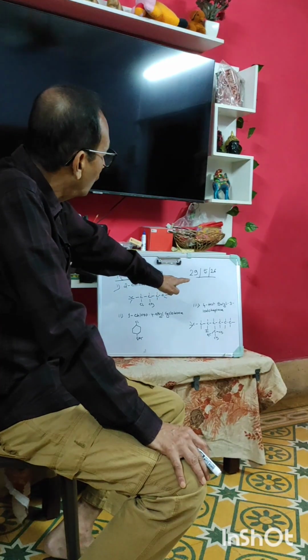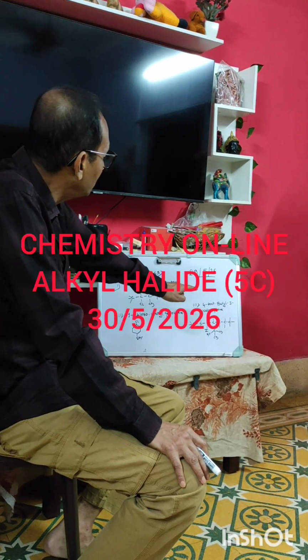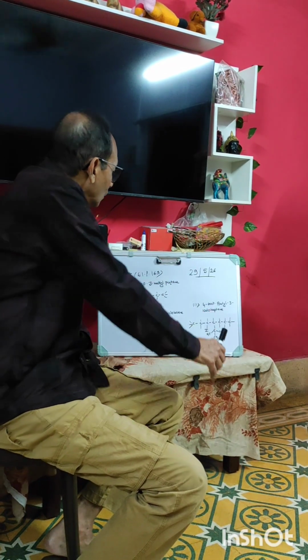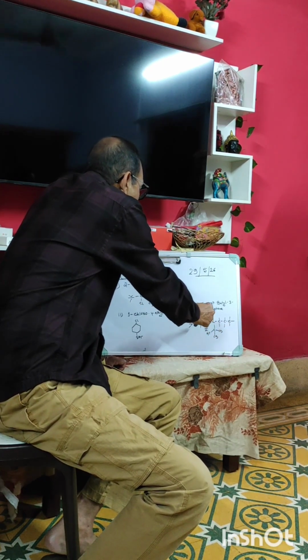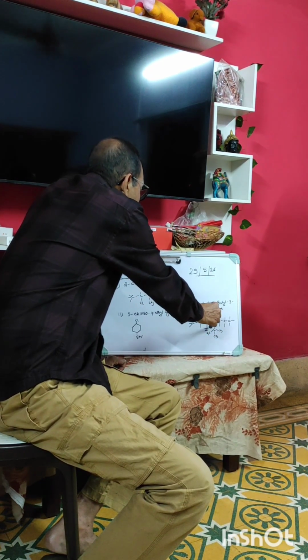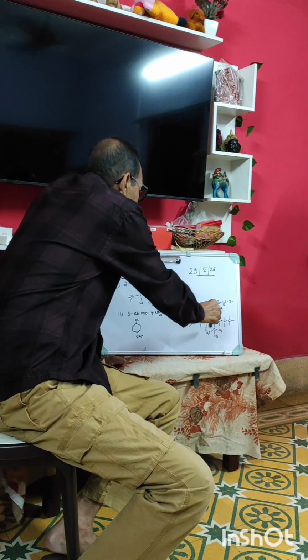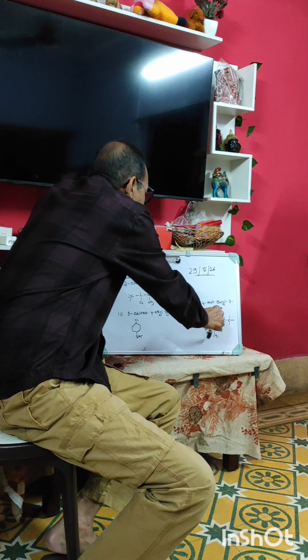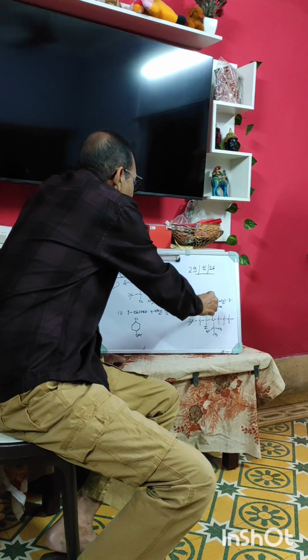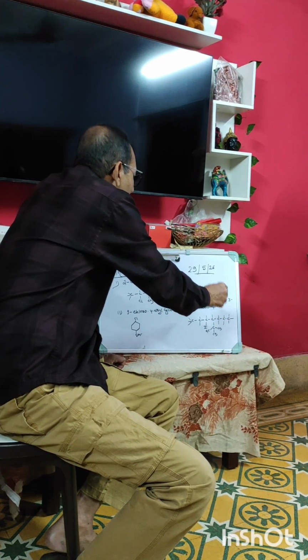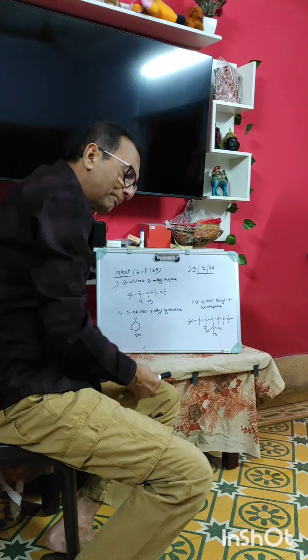Number 3: 4-tertiary butyl-3-iodoheptane. So you put 7 carbons in a chain, then you count 1, 2, 3, put on iodine, and at the 4th position you put on a butyl, tertiary butyl. So your answer will be 4-tertiary butyl-3-iodoheptane.